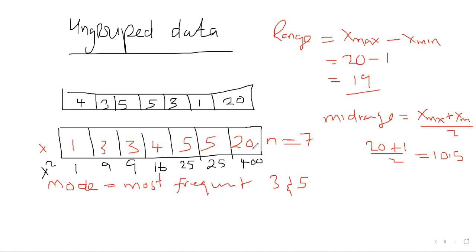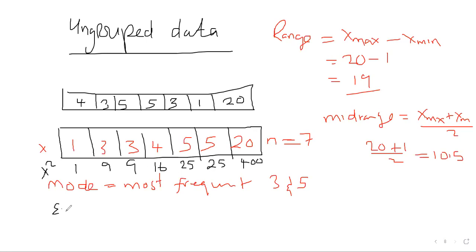When you add up the values of x, we get the summation of x. So 1 plus 3 plus 3 plus 4 plus 5 plus 5 plus 20 gives the summation of x, which is 41.